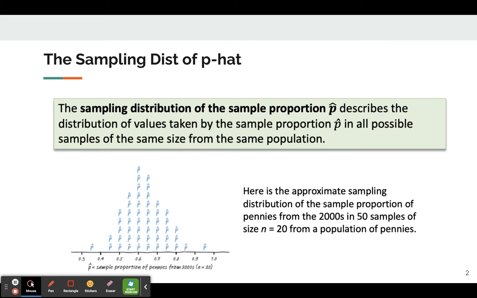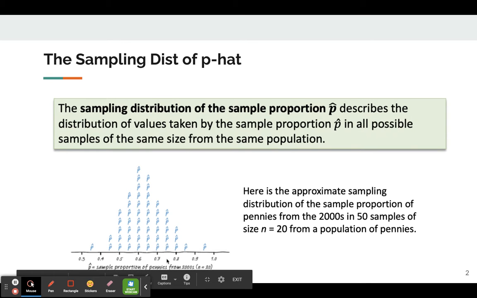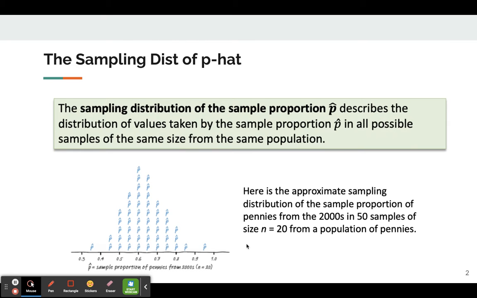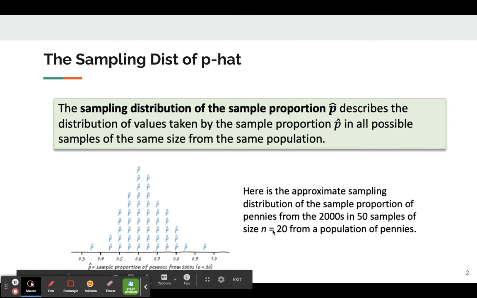Here is the approximate sampling distribution of the sample proportion of pennies from the 2000s in 50 samples of size n equals 20 from a population of pennies, right? So if you can imagine a big, huge bucket of pennies, and you randomly selected 20 of those pennies and found the proportion that were from the 2000s and marked that sample proportion.